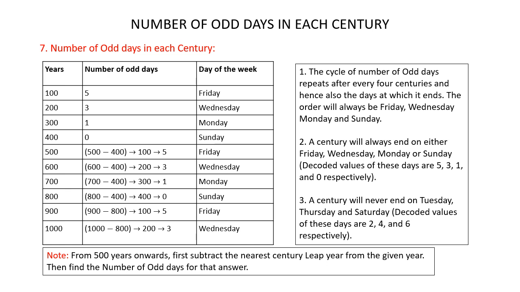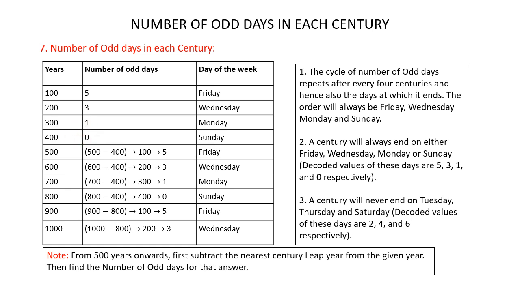The next concept is how to find the number of odd days in each century. Now we know that in 100 years there will be 5 odd days. In 200 years, 3 odd days. 300 years, 1 odd day. And 400 years, 0 odd days.